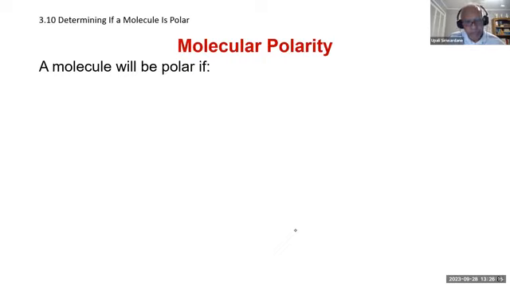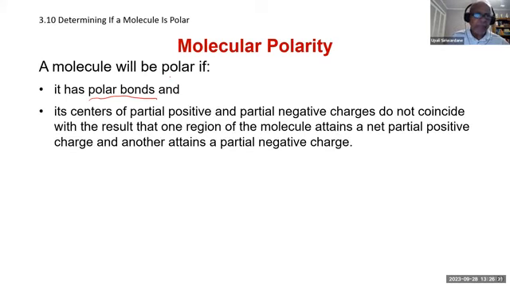A molecule will be polar if it has to have polar covalent bonds. Besides, the second criterion is you have to look at the polar bonds and decide whether the polar bonds will cancel each other.